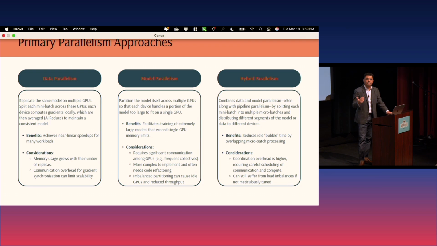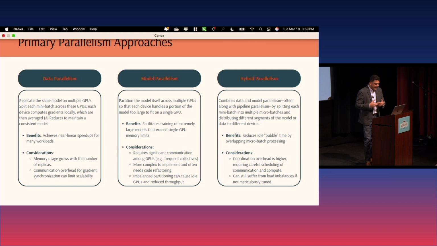And the data you have is then split across all the GPUs as you train them. The benefit of that approach is it scales up linearly when it comes to the workload that it requires to train your model. But there are also a few considerations as you think about it.